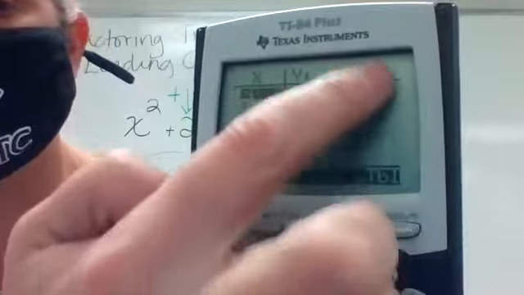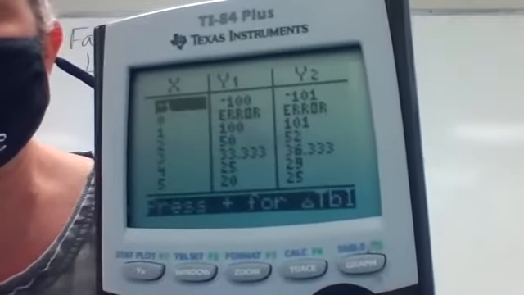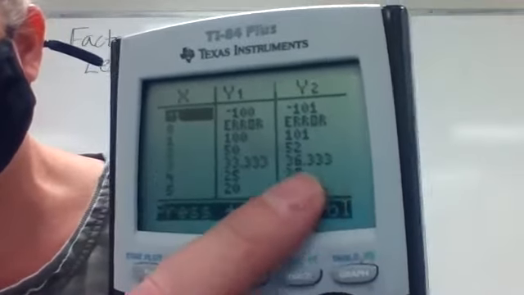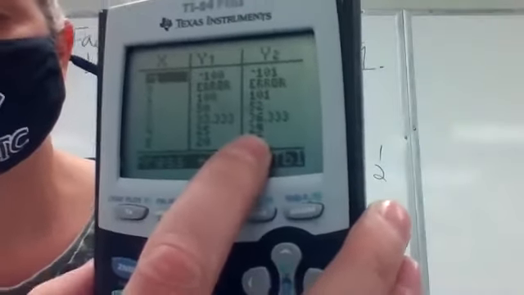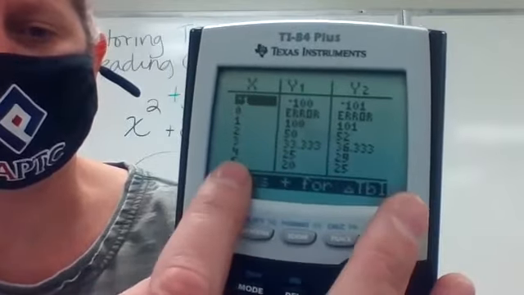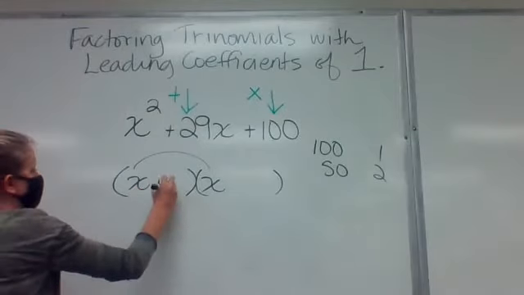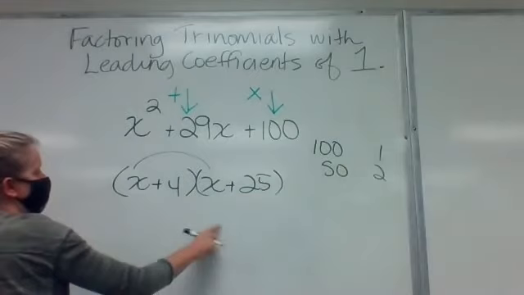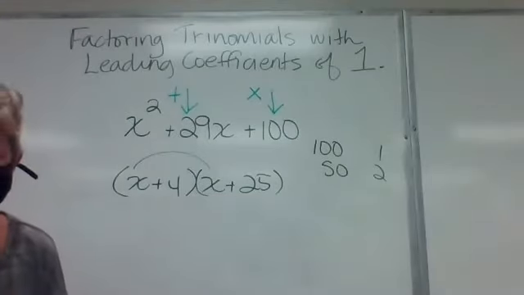There is the column that adds the first 2 columns together. So I'm looking for positive 29, which I see right down here. Which means these are the 2 numbers that I need to use, a positive 4 and a positive 25. Positive 4, positive 25. Multiplies to 100. Adds to 29.